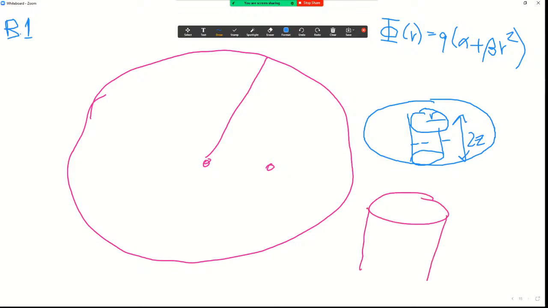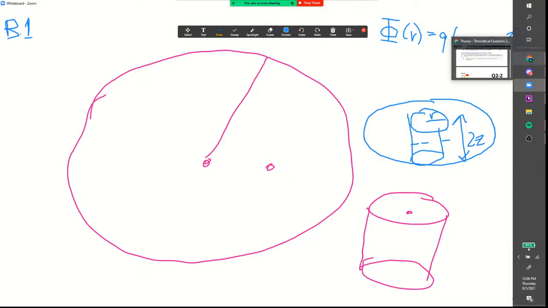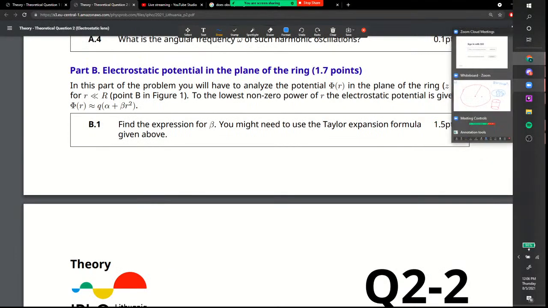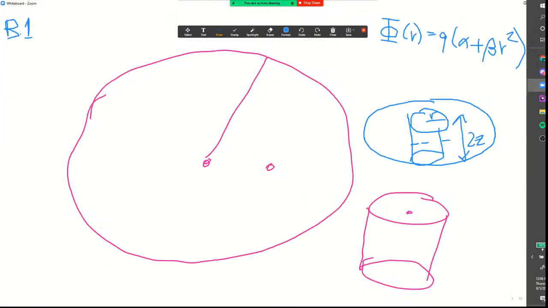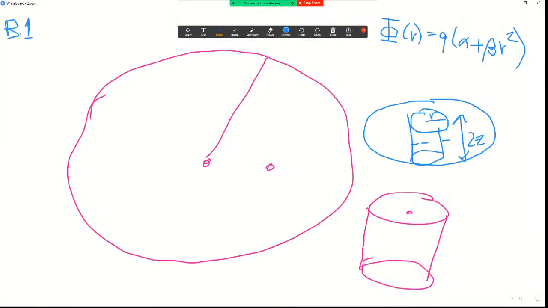We convert it into a cylinder. And what is the Gaussian surface here? For the ring, we have to put a Gaussian surface. So where is the Gaussian surface? This is the Gaussian surface.